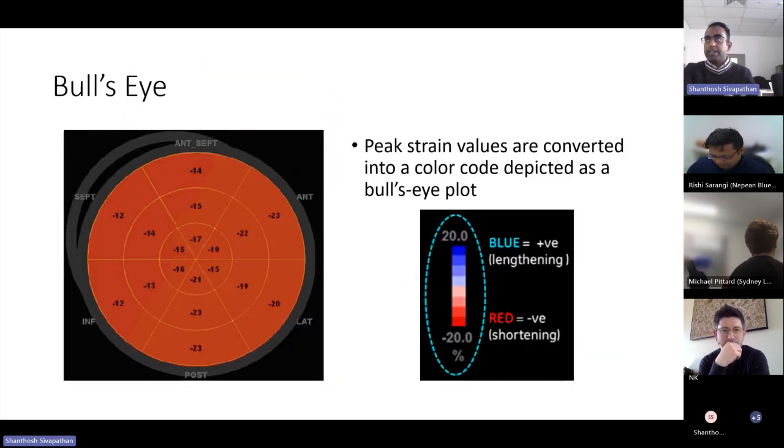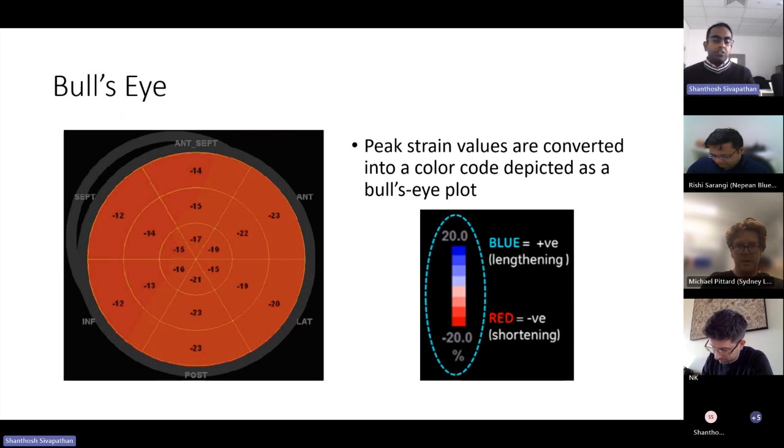You get this bullseye pattern at the end, and it gives you a good code: if it's red, it's really shortening; if it's blue, it's lengthening. The overall pattern gives you a clue as to what the underlying disease process is.